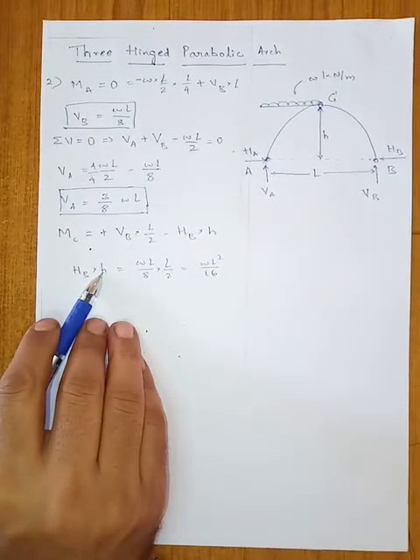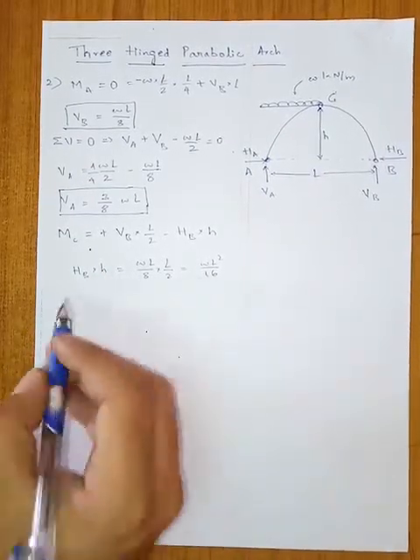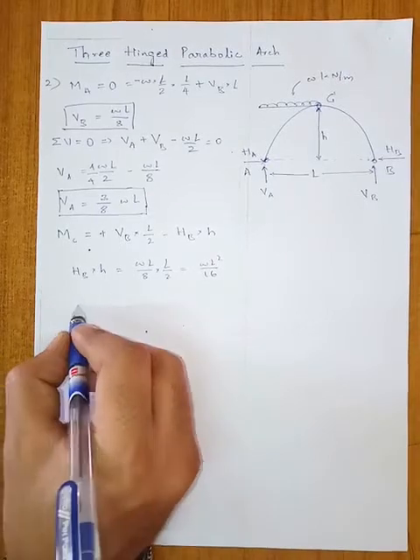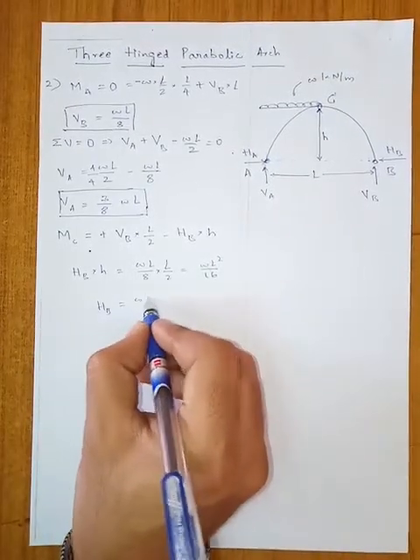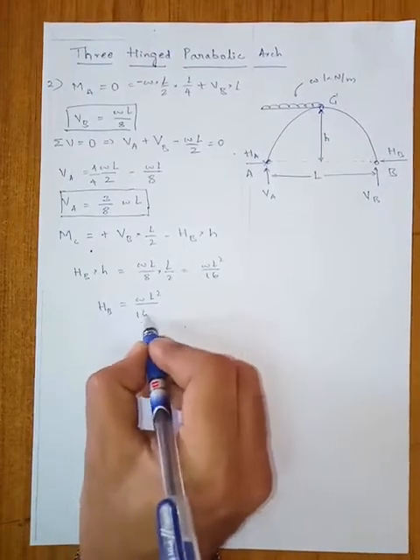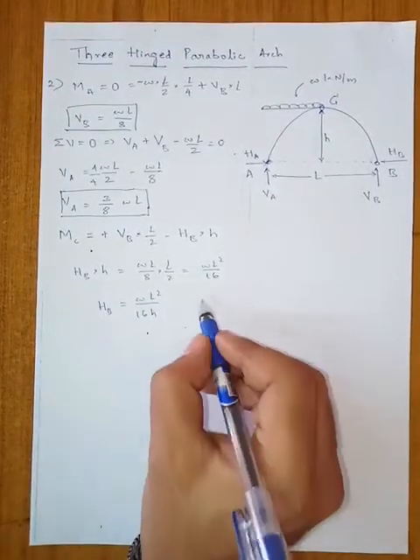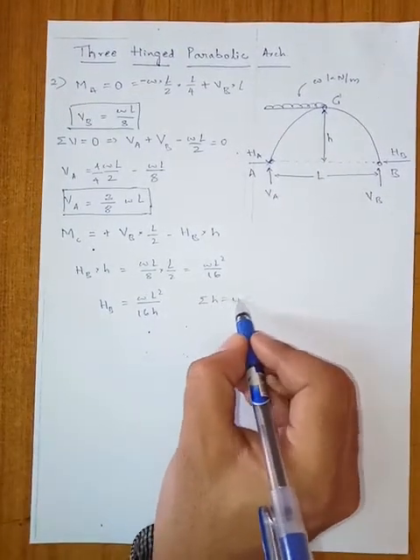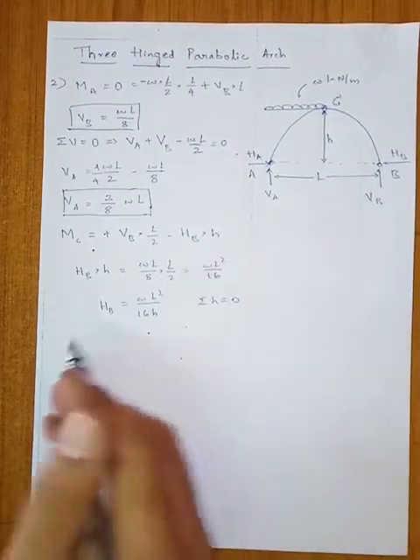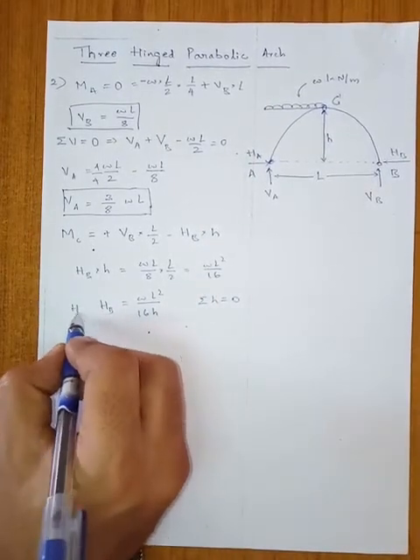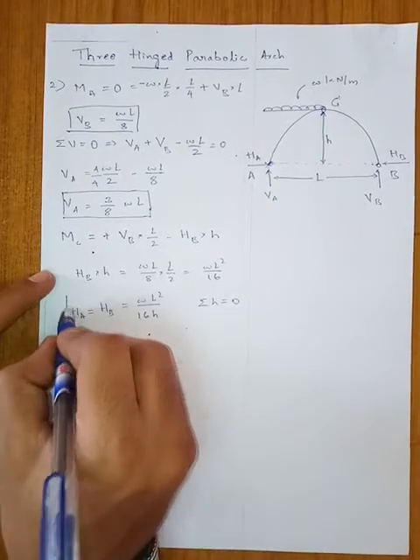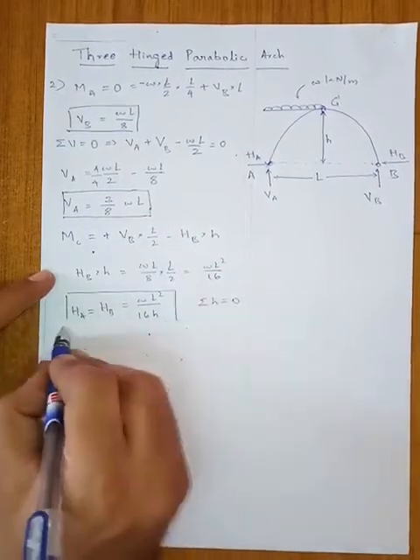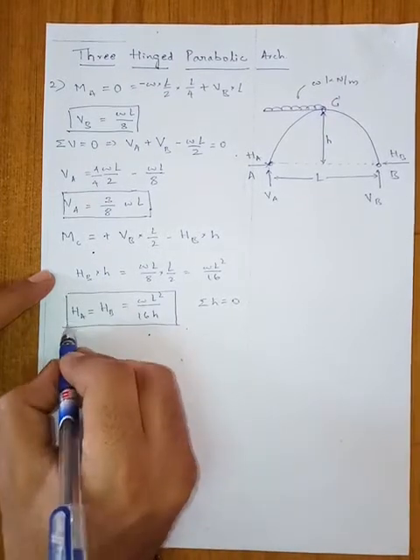Now bring this H from LHS to the RHS, you will get HB is equal to WL square upon 16H. Also, you can apply the equilibrium equation summation H is equal to 0, then you will find HA is equal to HB. There are no other horizontal forces. So HA is equal to HB, and the horizontal support reaction is WL square by 16H.